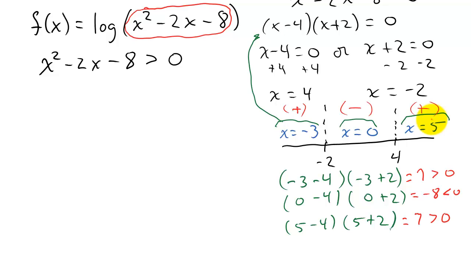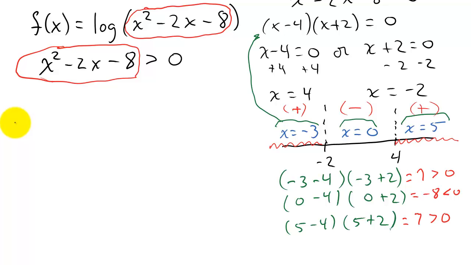So what do I want to know? I want to know when this function right here is positive, greater than 0. Well, that's here and here. So my domain is everything from negative infinity to negative 2, or everything from 4 to infinity.